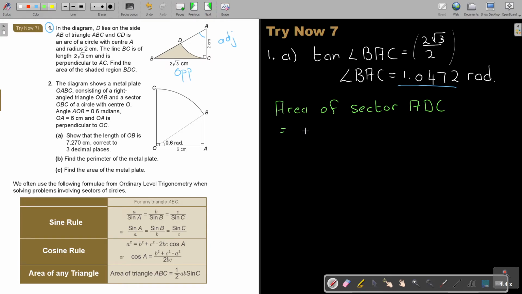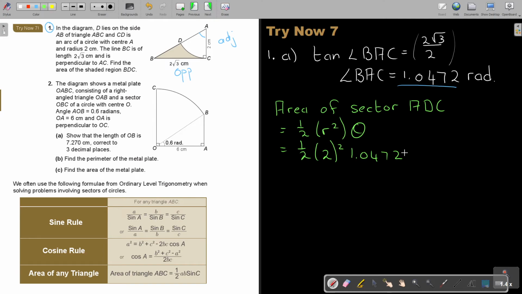And that is going to give me, okay, so it's going to be a half, and then it's going to be r squared, and then the angle. So it's a half, and my value of r is 2, and I square it, and my angle is 1.0472.